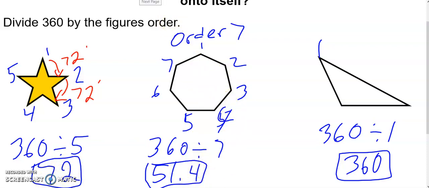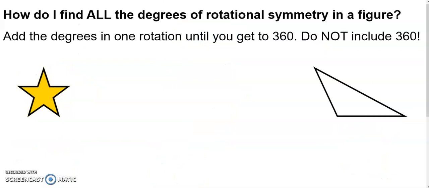Well, what if I want to find all the degrees of rotational symmetry? What we're going to do is add up all the degrees in one rotation, which we just found, 360 divided by order. We keep adding until we get up to 360, but then we don't count the 360. So for the star, let's find the degrees in one rotation.